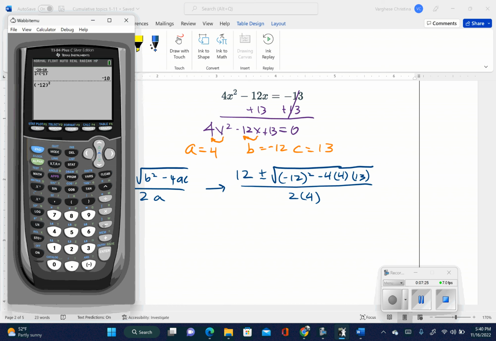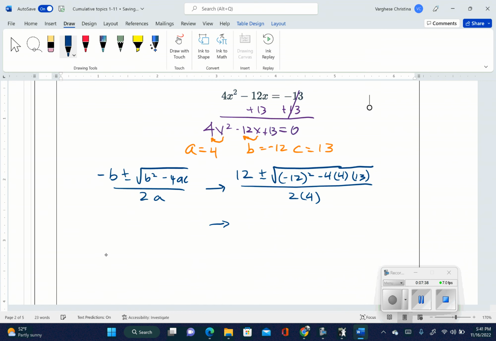Then we're going to go minus 4 times 4 times 13. And you hit enter, and you get negative 64. So we're going to rewrite our new thing, right? So it's still 12 plus or minus square root of negative 64 all over 2 times 4, which is 8.